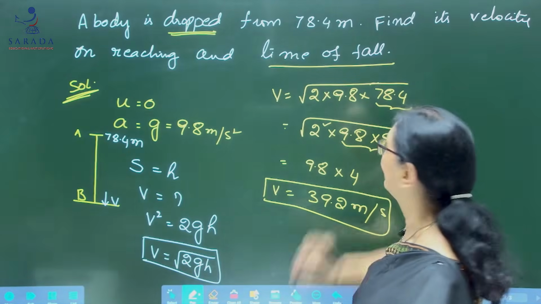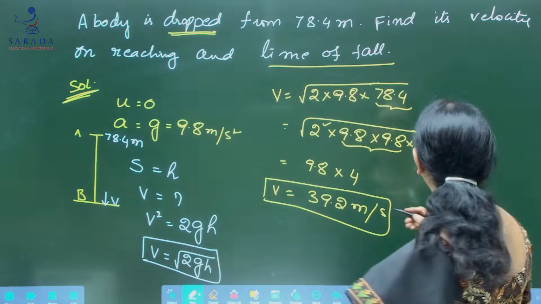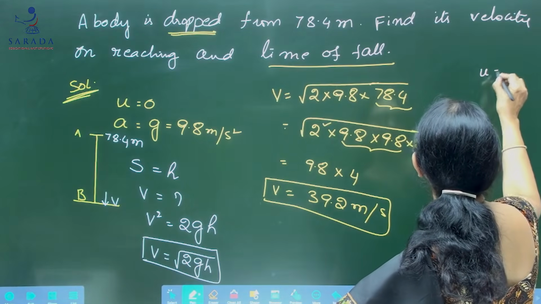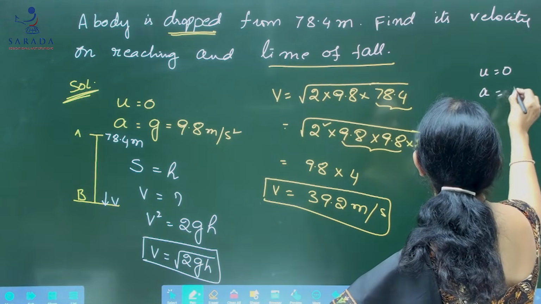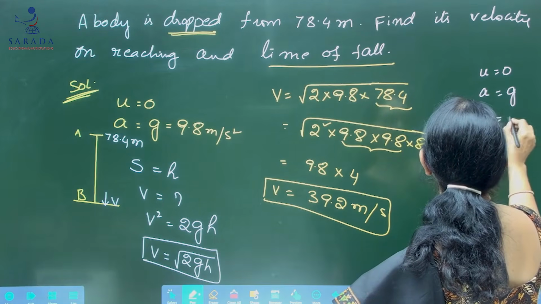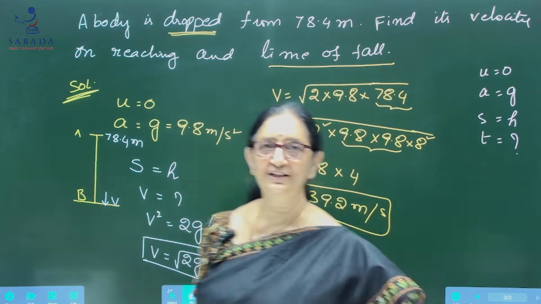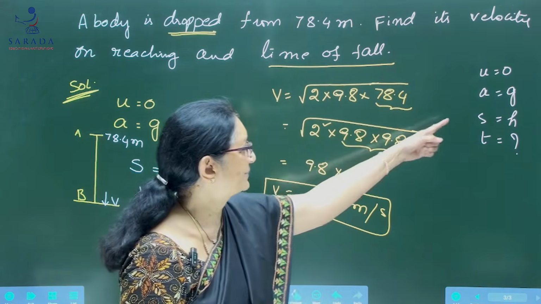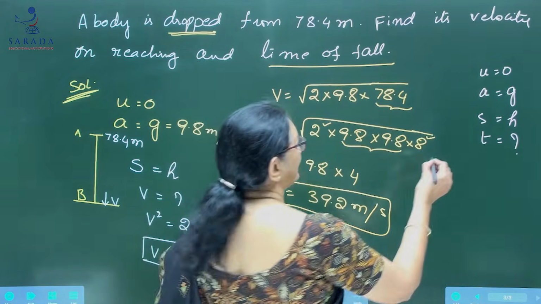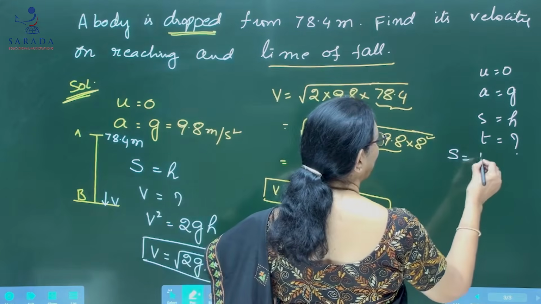And the time of free fall you need to find. Again, u is equal to 0, a is equal to g, s is equal to h. What equation connects them? Displacement in time t is s is equal to ut plus half at square.